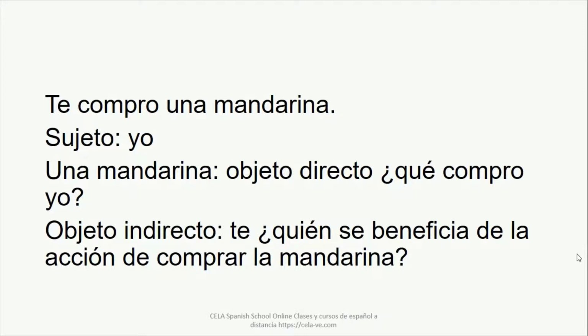The indirect object or dative is the person or also the thing that is affected by the action, that receives the action. It is usually a person and answers to the question, to whom or for whom do I buy?